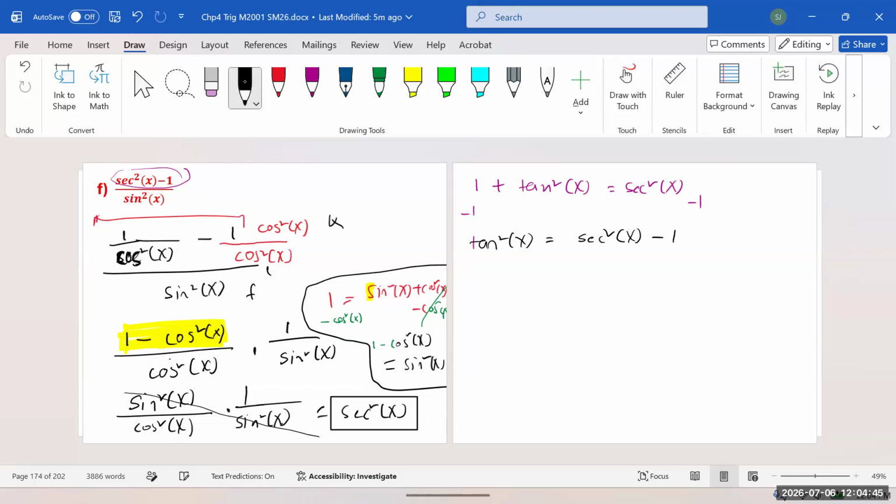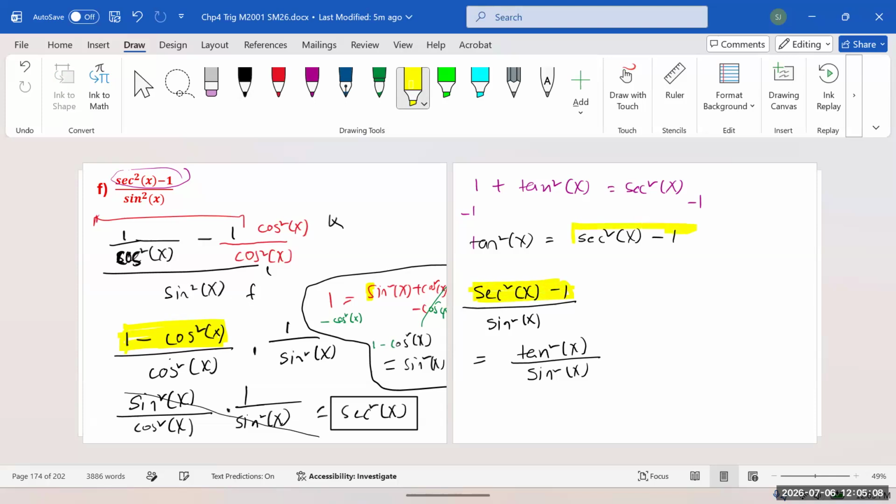That means on the numerator, where we have secant square x minus 1 divided by sine square x, it's simply tangent square x divided by sine square x, because this secant square x minus 1, which is here from the identity, is same as tangent square.